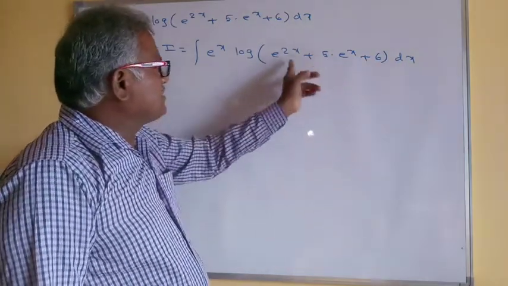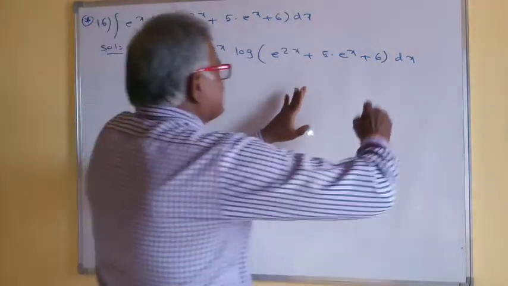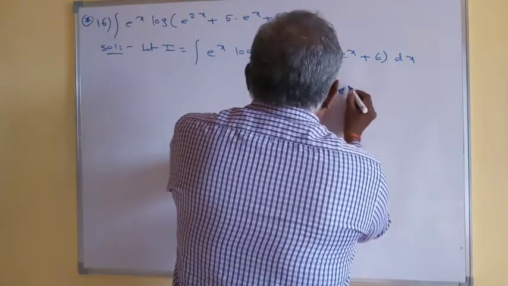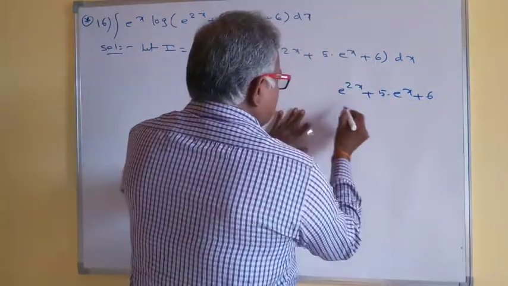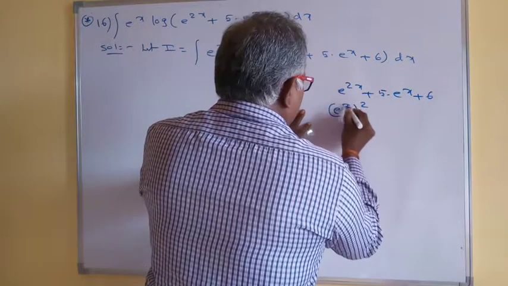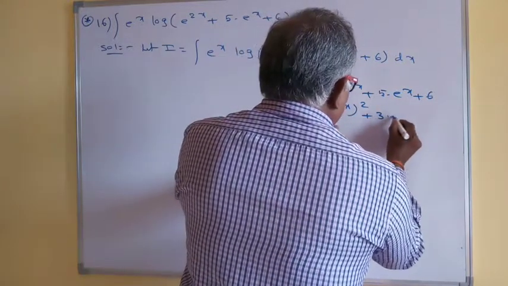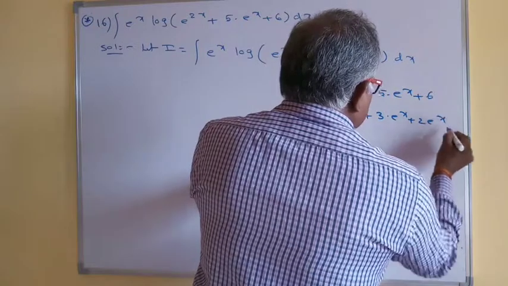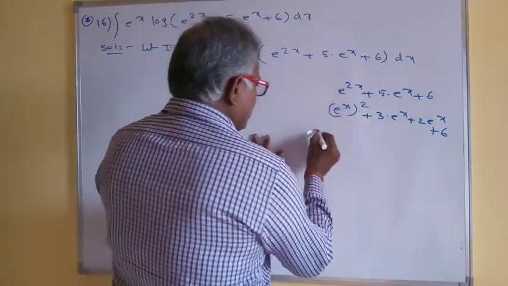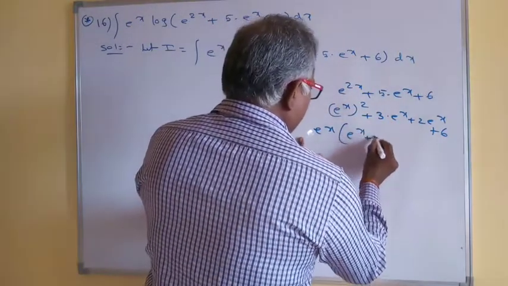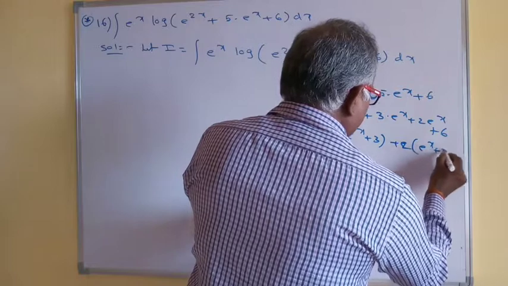First of all, you should find the factors for this one. What are the factors here? For 6, the factors are 3 and 2. So e power 2x plus 5 into e power x plus 6 is (e power x) whole square plus 3 into e power x plus 2 into e power x plus 6, because the factors are 3 and 2. So e power x into (e power x plus 3), plus 2 into (e power x plus 3).